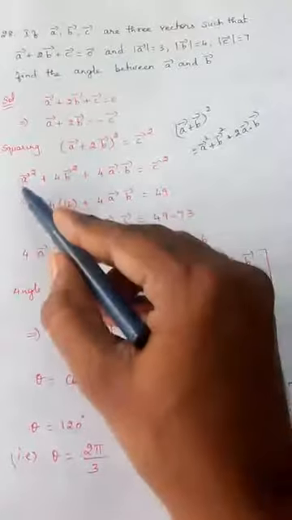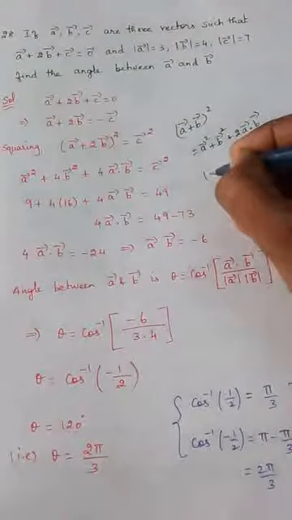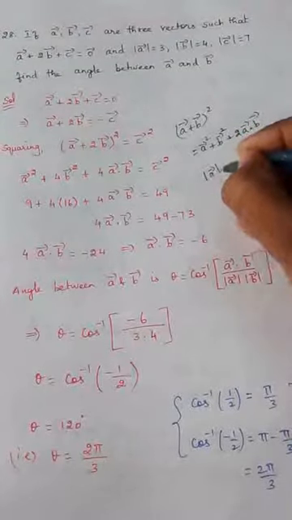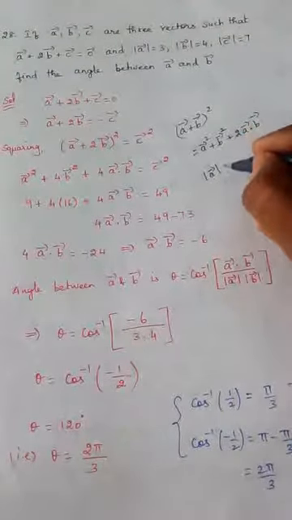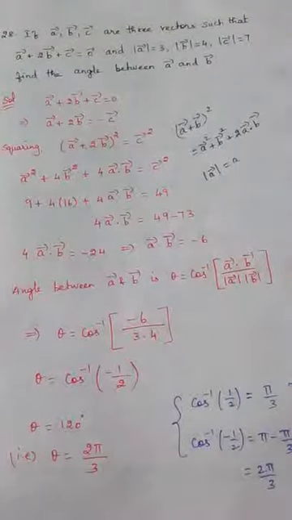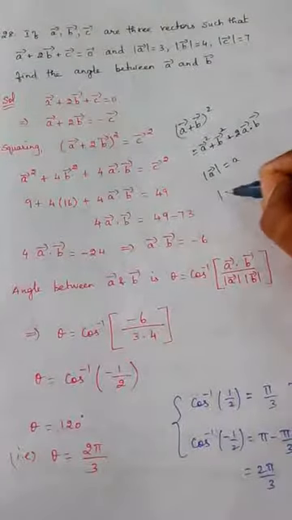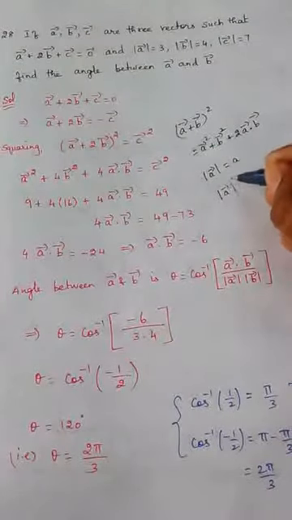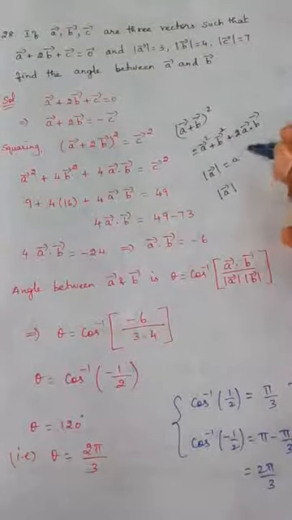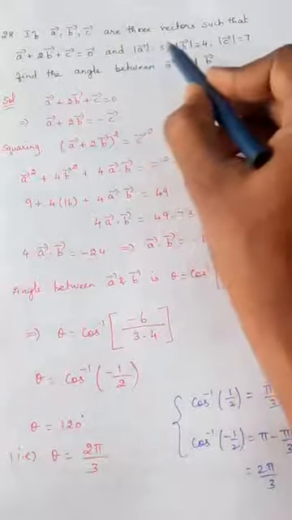A vector square is nothing but, see, if I write modulus A vector, then this can be written as A. So A is equal to 3.